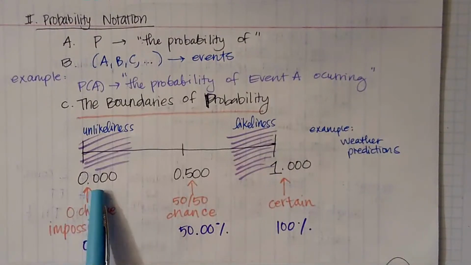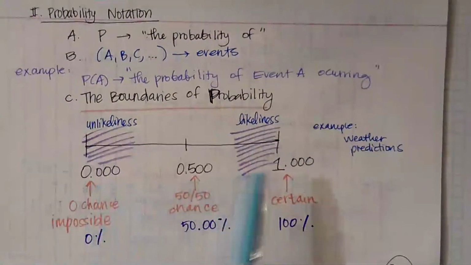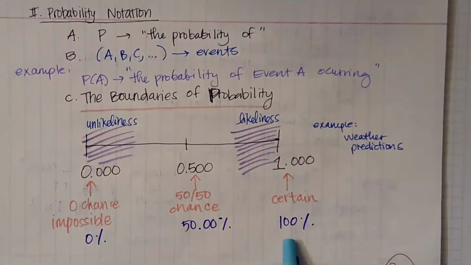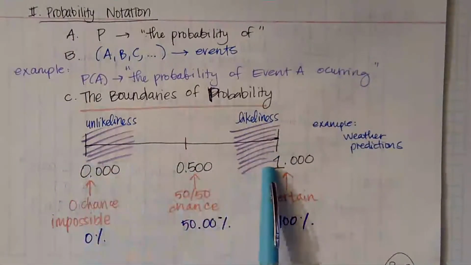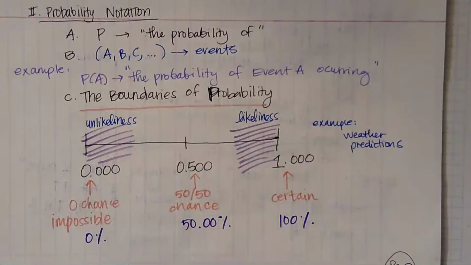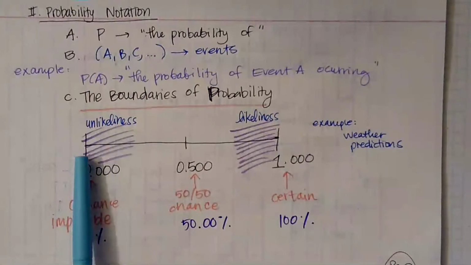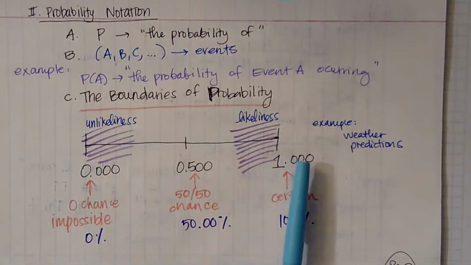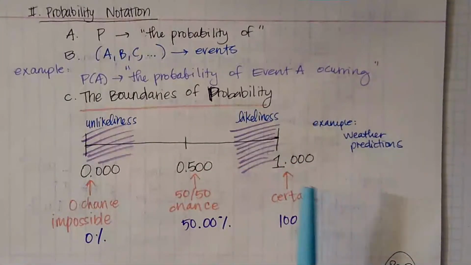It can either have a probability of impossible, which is 0%, or a probability of it will happen, guaranteed to be certain, at 100%. Then you have an infinite amount of values between 0 and 1, which are your probability boundaries. So the closer you are to 0, the more your event is probably not going to happen. The closer you are to 1, the higher the likelihood of it happening. Okay?